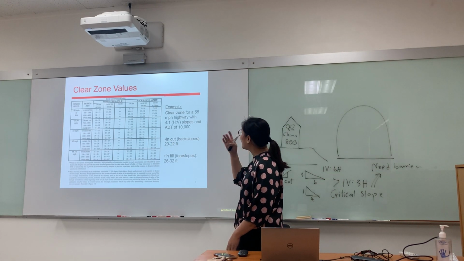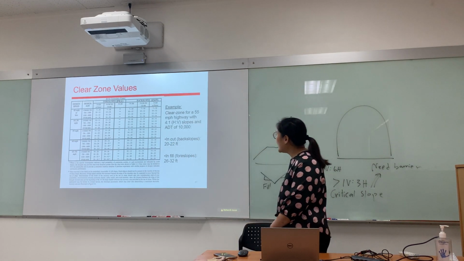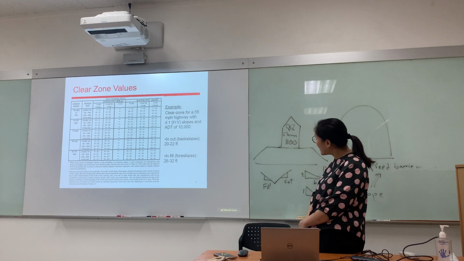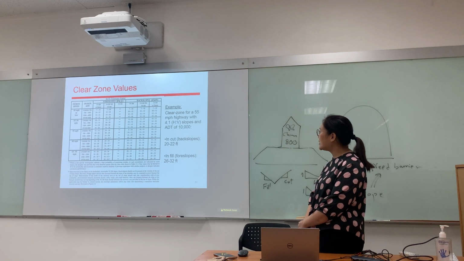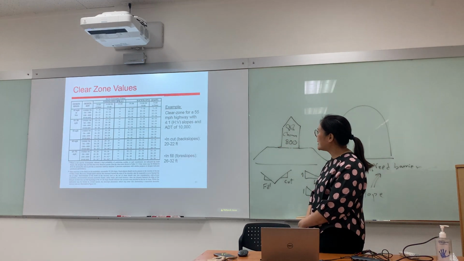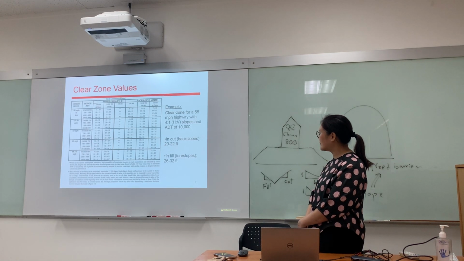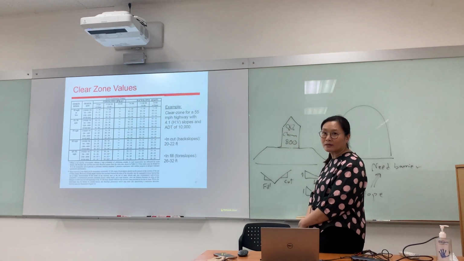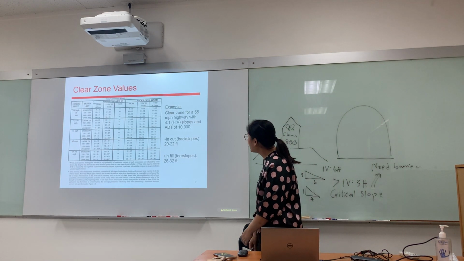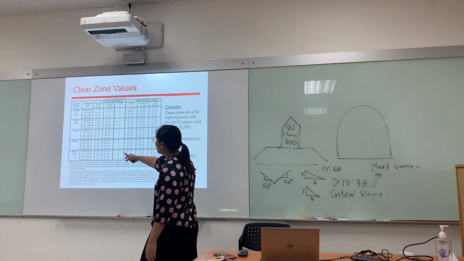So what next? For example, if you want to determine the clear zone for a 55 mile per hour highway with 4 to 1 or 1 to 4, same thing, slope, and ADT of 10,000, what is the clear zone that you need? Now you can take a look. 55 miles per hour is here, right?